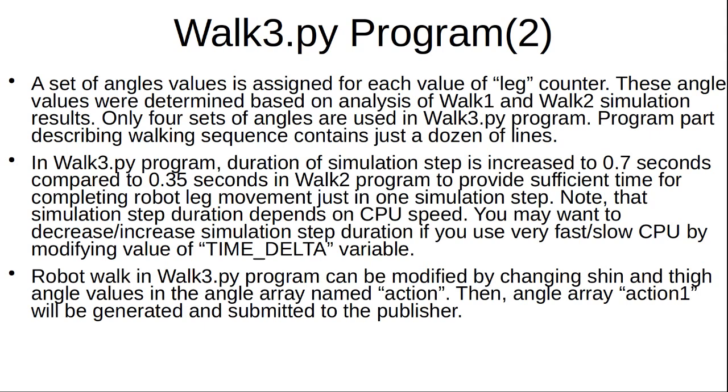You may want to decrease or increase it if you use a very fast or slow CPU by modifying the value of the time delta variable. The robot walk in the walk 3 program can be modified by changing shin and thigh angle values in the angle array named action. Then the angle array action 1 will be generated and submitted to the publisher.